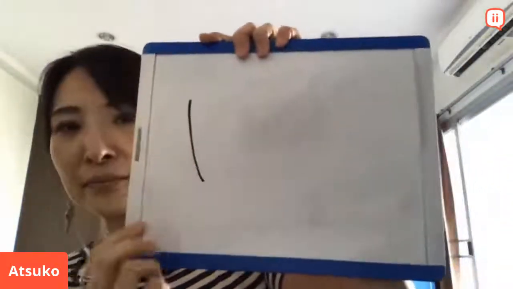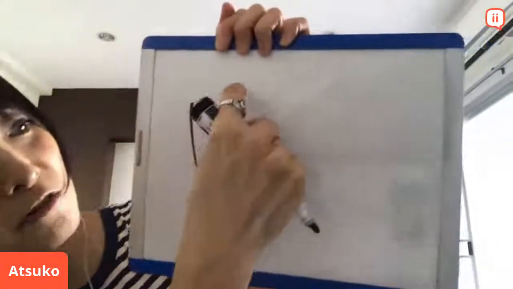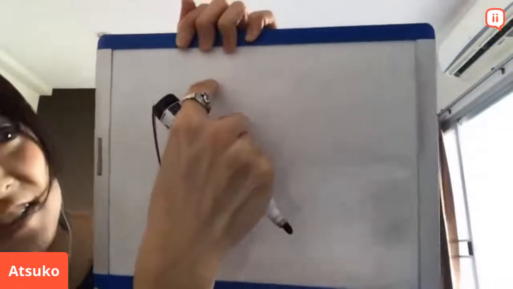And next one is a bit difficult. ぬです。なにぬねのぬ。First stroke is not straight. A little bit curved to the right. Okay. Next stroke will start from here.